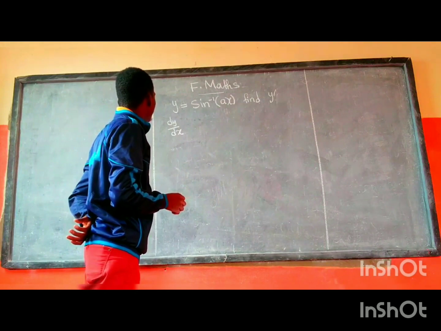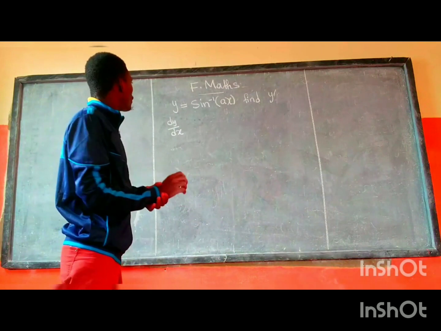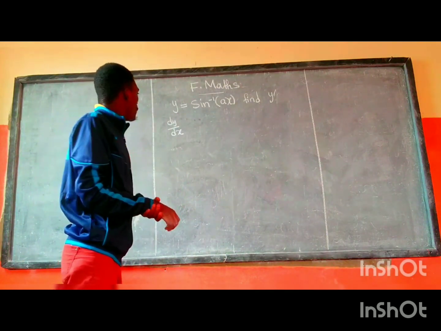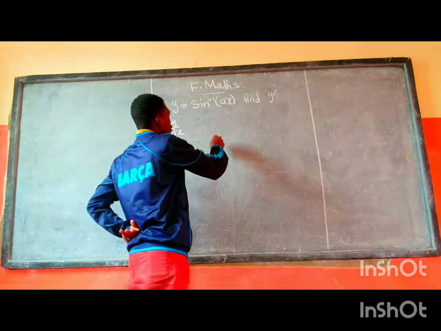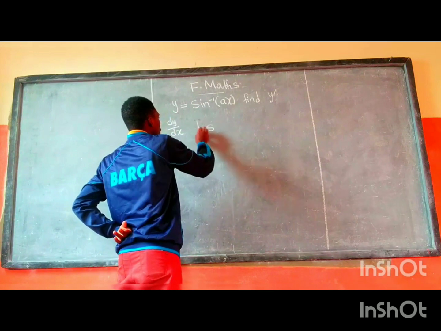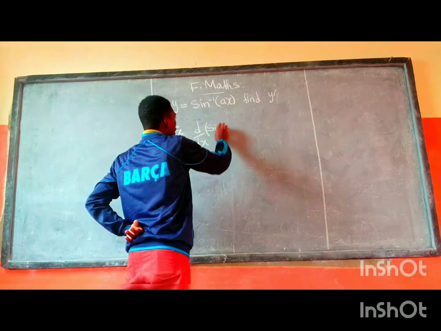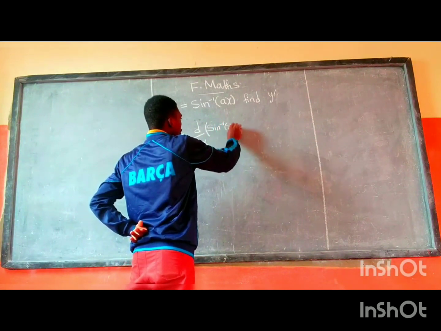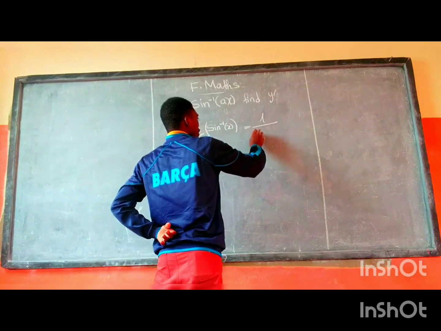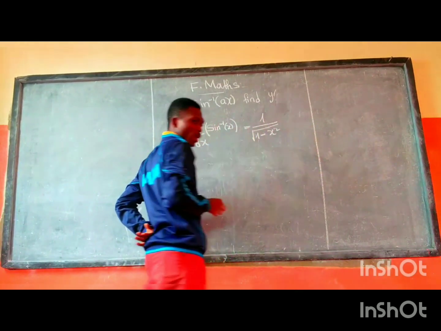So I am finding the derivative of sine inverse of ax. But now I know that the derivative of sine inverse of x is equal to 1 over the square root of 1 minus x squared.